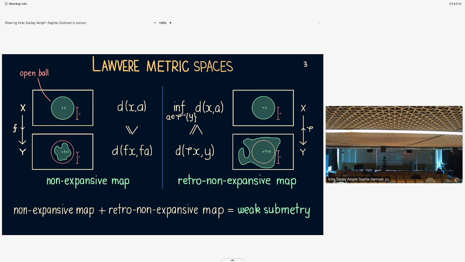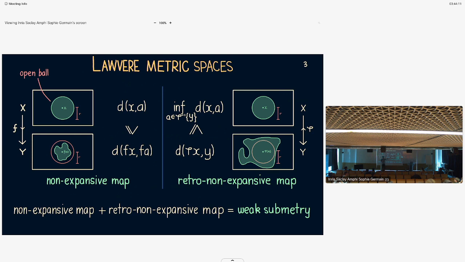So if I have a point x in X, and I have some other point y in Y, then the distance from φ(x) to y should be greater than or equal to the infimum over all points in the pre-image of y of the distance between x and that point.